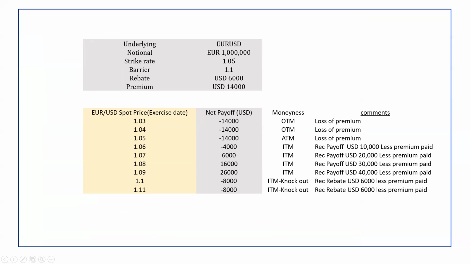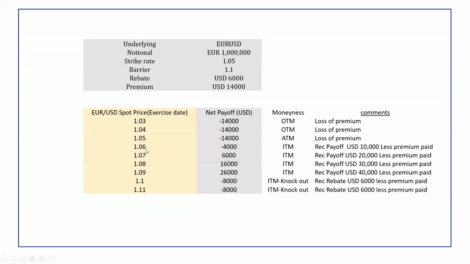Now, assuming this is a European option, on the expiry date, the Euro USD rate was around 1.03, which is below the strike rate. We will treat it as out of the money, and we lose 14,000 as a premium. Assuming the price is 1.04, that is also out of the money, and we lose the premium.